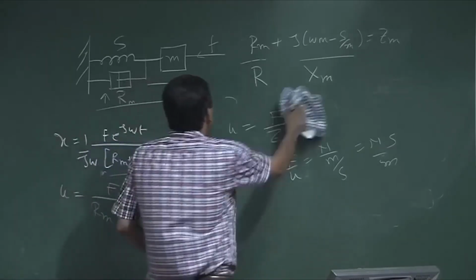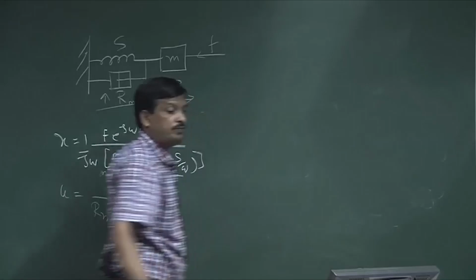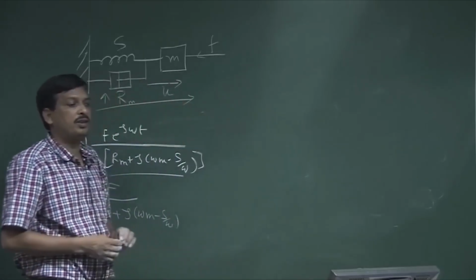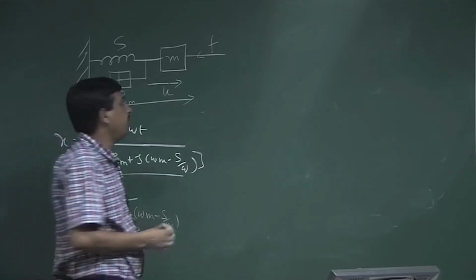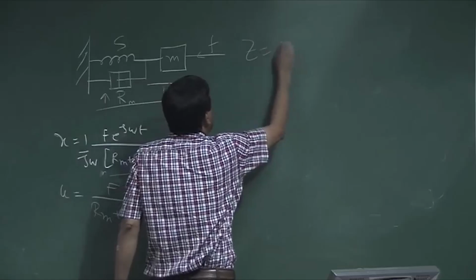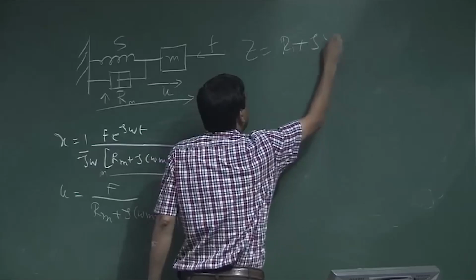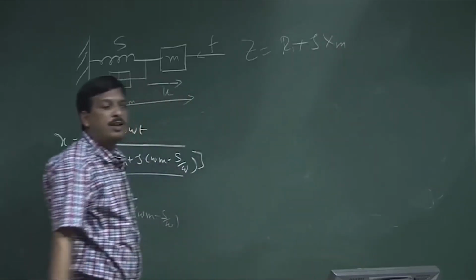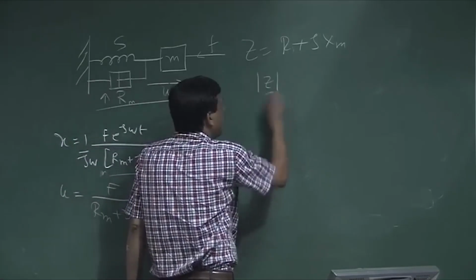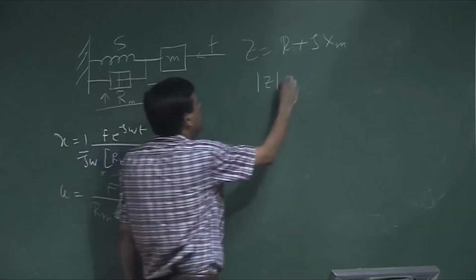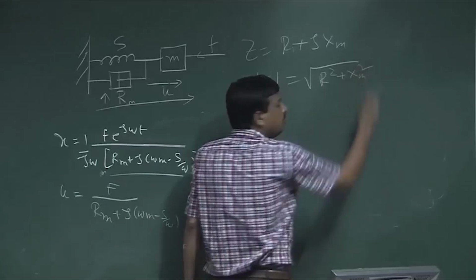Now, I can write Z in a different form also. We should understand that I can write Z in a different form. If Z is R plus j Xm, instead of that I can write the amplitude part, mod Z, which is nothing but root over R square plus Xm square.